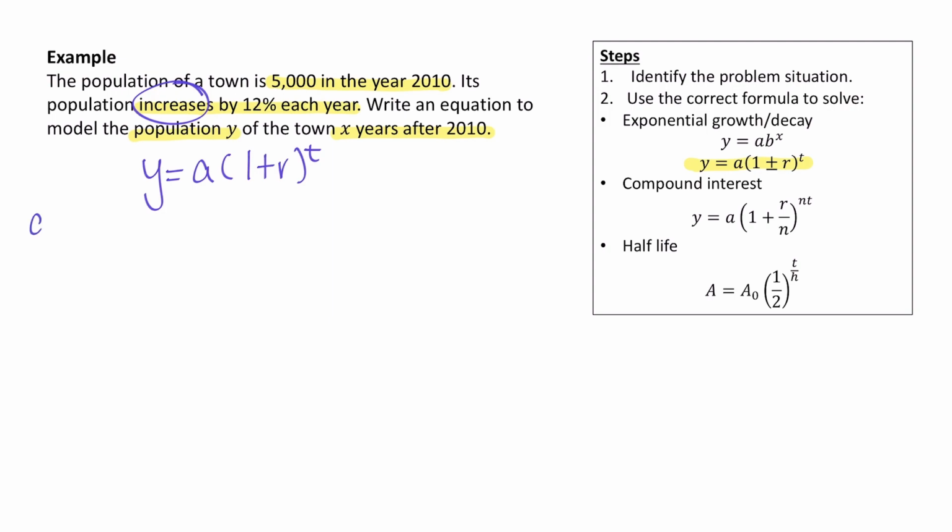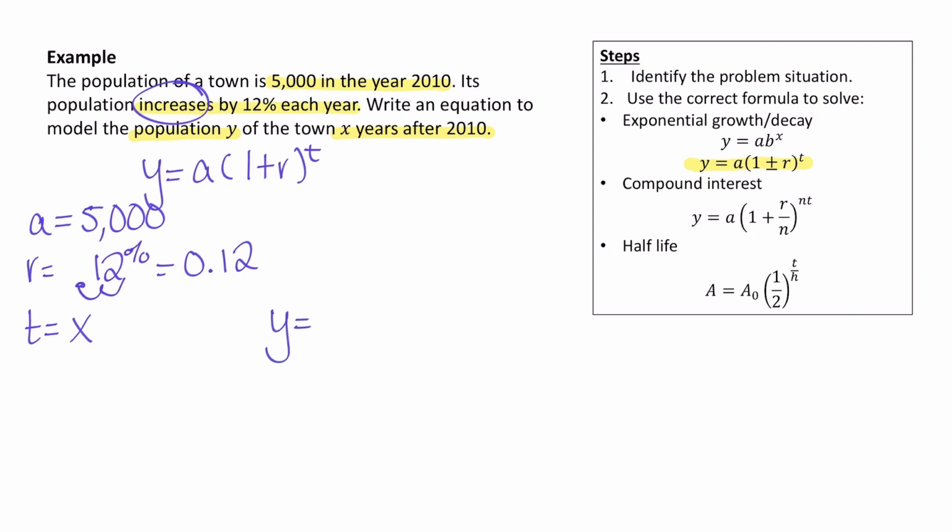So let's substitute the variables we have. We have a, the initial value, which is 5,000. We have r, which is the growth rate, so that's 12%. Remember, it needs to be converted to a decimal, so that is 0.12. And then we have t, which is the amount of time, so that's going to be x years. So let's substitute into this formula what we have.